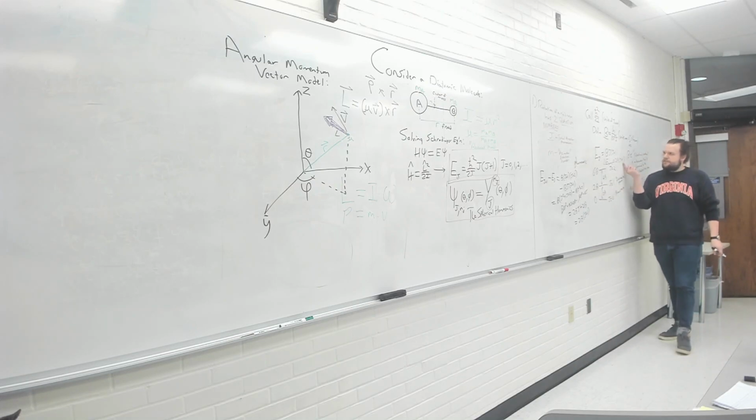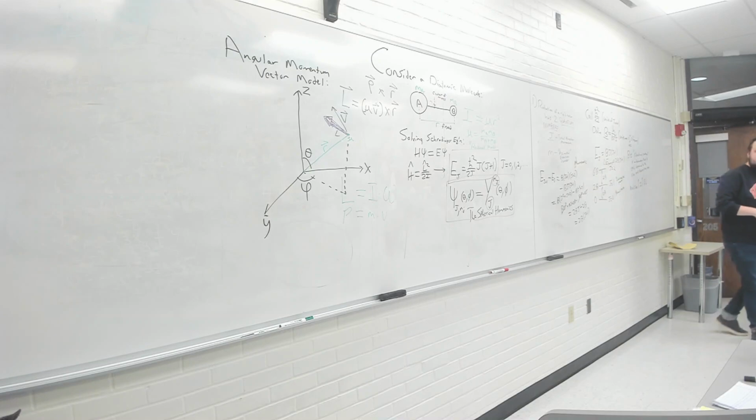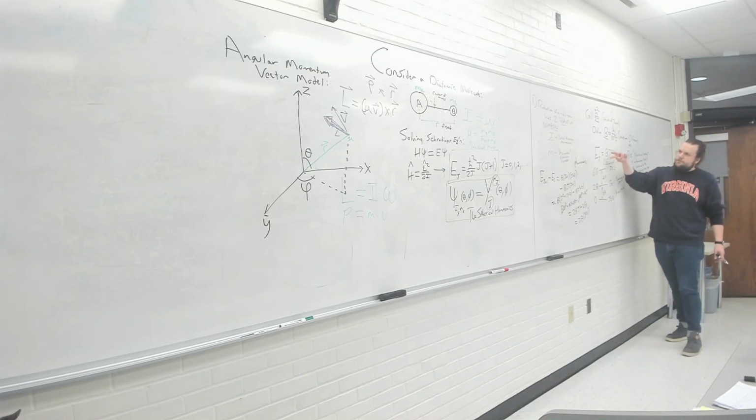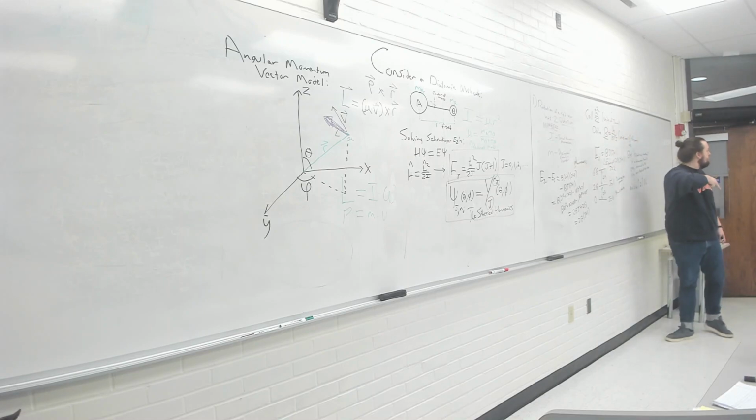For the lower state J equals 0, 0 plus 1 is 1, you get 2B. Then J to J plus 1 with J equals 1 gives 2B times 2, that's 4B, right? You can see that the energy differences line up, so we have these nicely spaced energy levels for rotation.